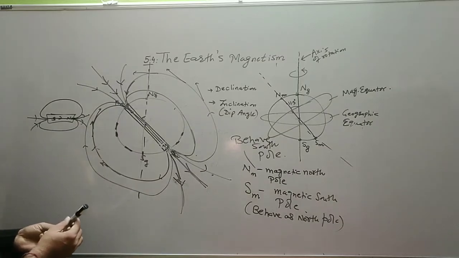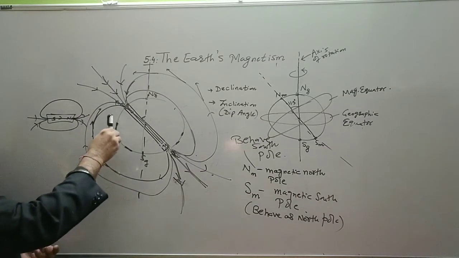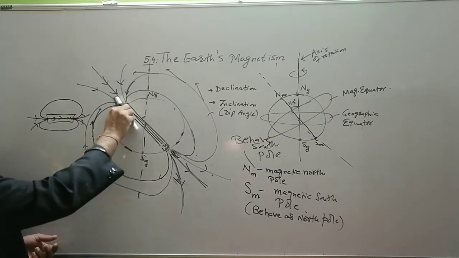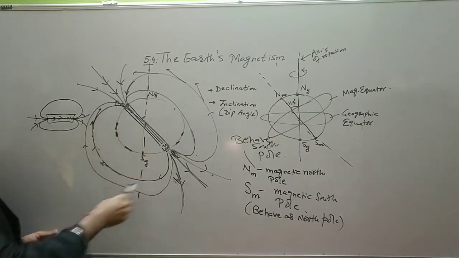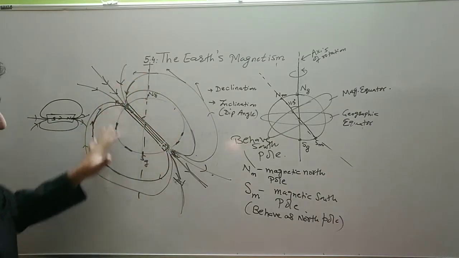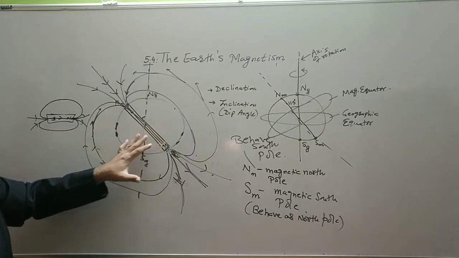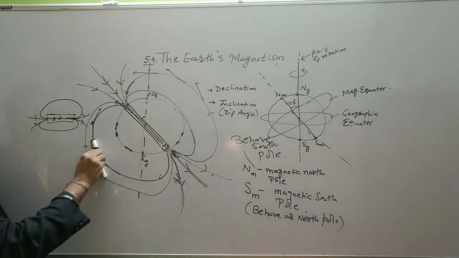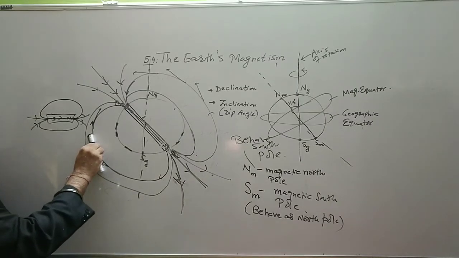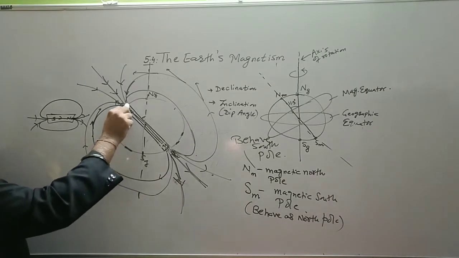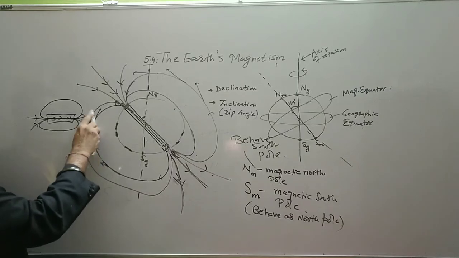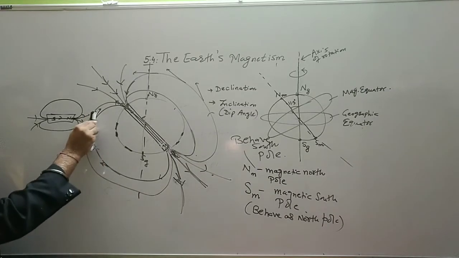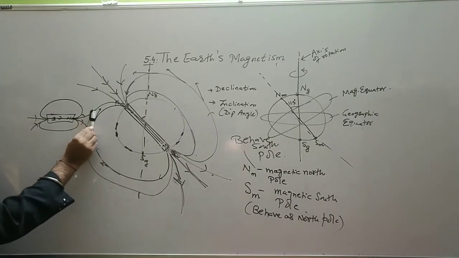It should be clear that if you take a needle from north to south, the magnetic field lines are along the tangent. The magnetic field lines of earth are curved. So this magnetic needle will keep on changing its direction and it will rotate. Here the behavior is south. So if this is a magnetic needle at the equator, it will be like this, straight.